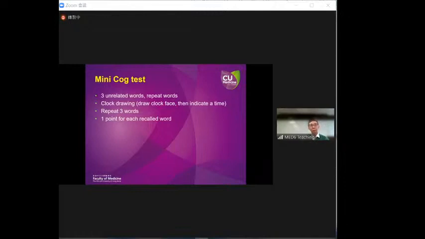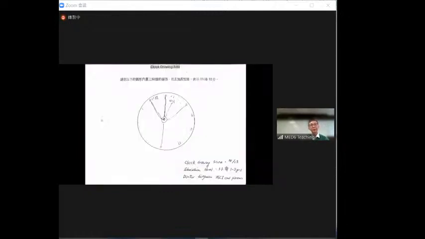If they can recall 1 or 2, then you look at the clock. So if the clock looks like this, then the person has failed. So this is somebody with a low education, 1 or 2 years, and the diagnosis is actually MCI and paranoia. Okay, and that person cannot draw the clock properly.